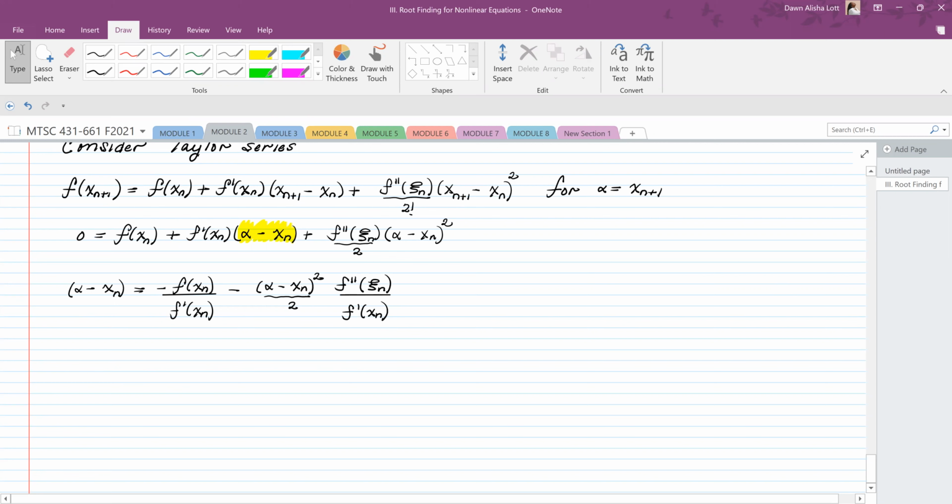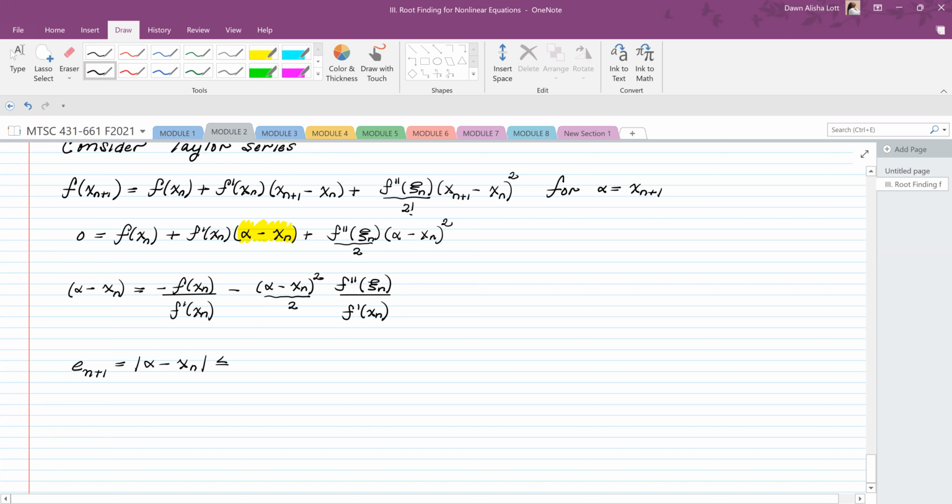So en plus 1 is just the absolute value of alpha minus xn, but assuming alpha is xn plus 1, that's the error. So we're going to apply absolute values to the above equation.